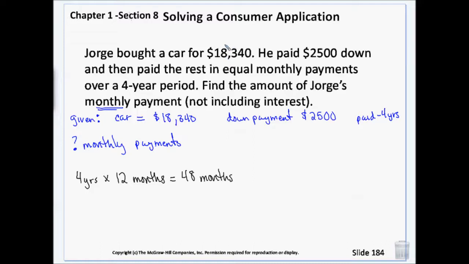Now, if the car was $18,340, he paid $2,500 down. I'm going to subtract. So I'll do 18,340, sorry, being dyslexic, minus 2,500.